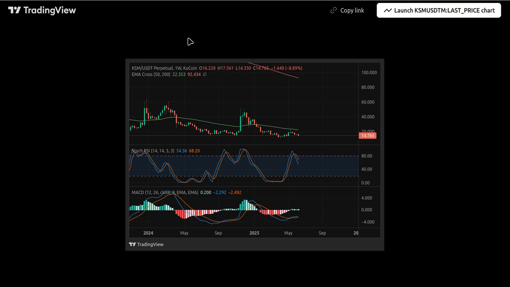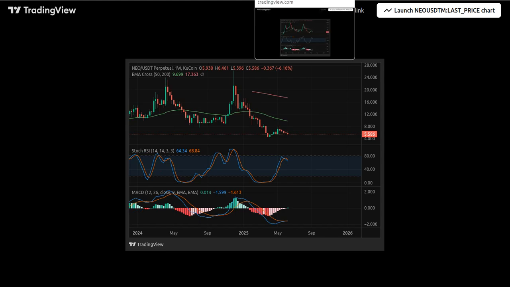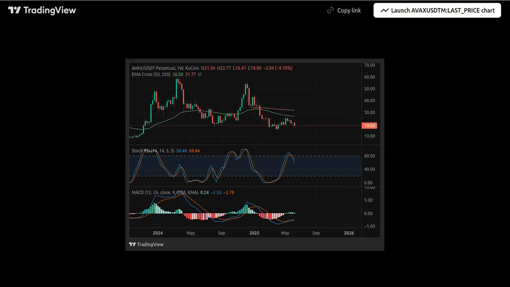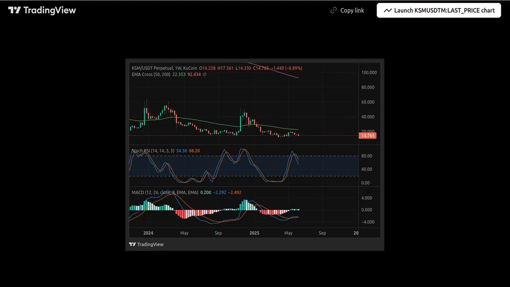So there we go. So we have this one, the KSM chart. We have the Neo chart, and we have the AVAX chart. And you can see it's perfect. They are all looking very, very similar. Okay, and that's how trading is. That's exactly how trading is.